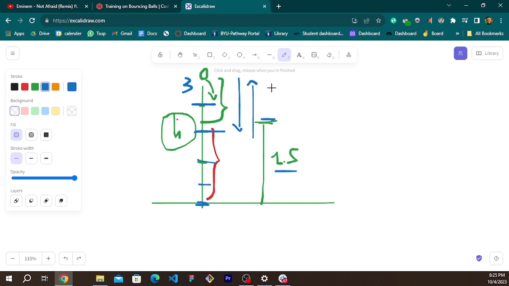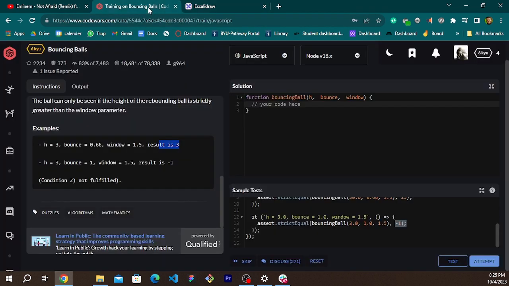Okay, so we can go and work through the question. Now what we can do is write the steps. The first thing to consider is that we already have the parameters given: the height, the bounce, and the window.